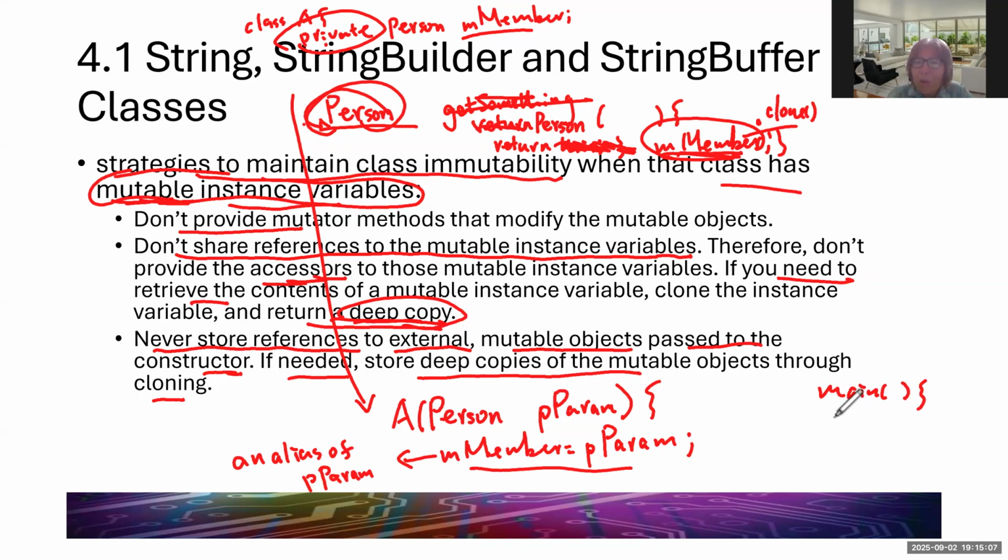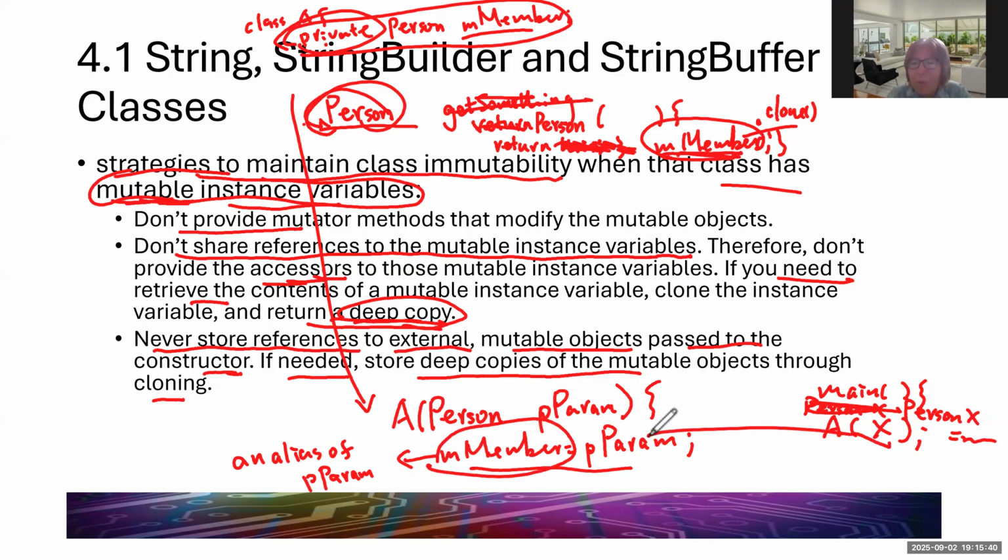if you call this A method and pass in something X, where you have a Person X equals a newly created object, then in this case it still violates the rule that this member should be private, because you can still modify this member through this parameter.